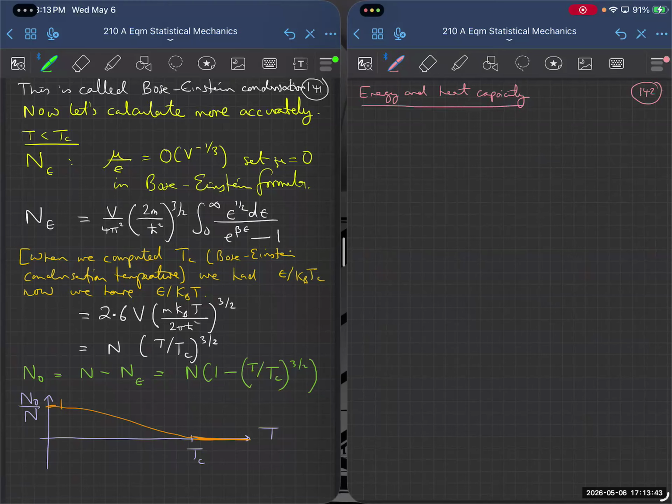So for those, missing the ground state doesn't matter because the ground state just has energy 0. So I can work out the internal energy, the expectation value of the energy, which is the integral from 0 to infinity of epsilon times the density of states in energy, d epsilon, over the Bose-Einstein distribution.